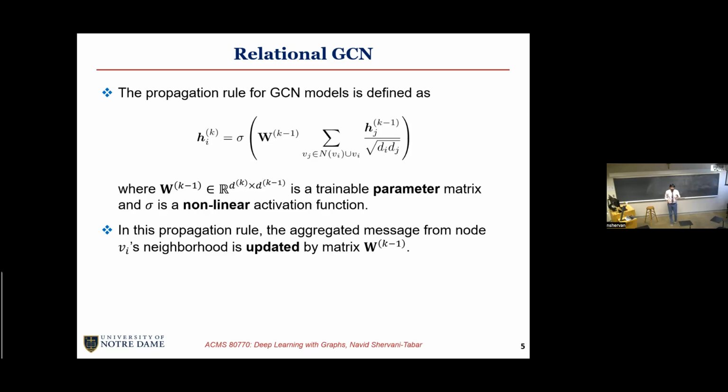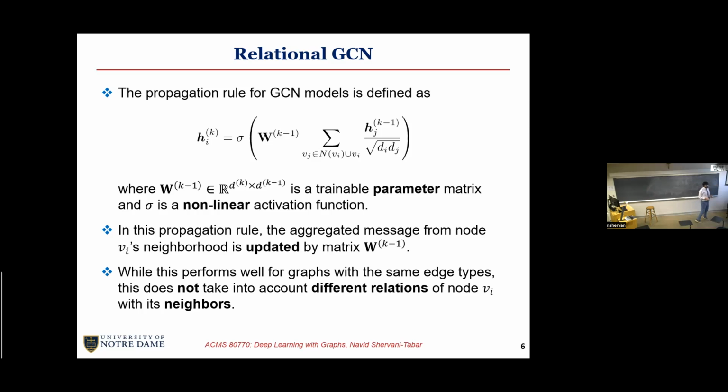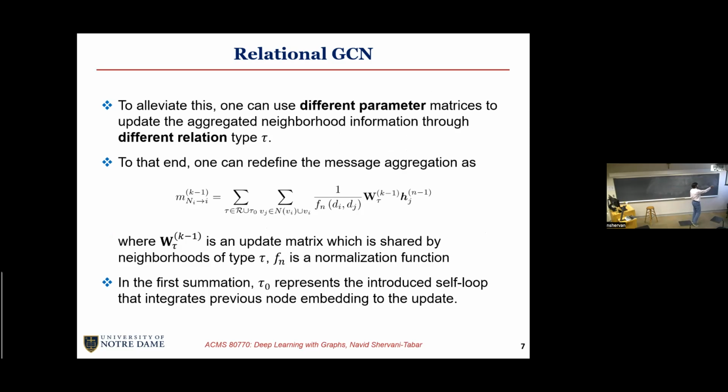But note that we're using the same thing to update all embeddings on different neighborhoods, right? In a multi-relational graph, this causes an issue because it is not considering the fact that it is receiving this information from neighbors through different channels, through different types of relations, right? So we need to somehow account for the information coming from the neighbor through a different type of edge. For that, we define relational GCNs.